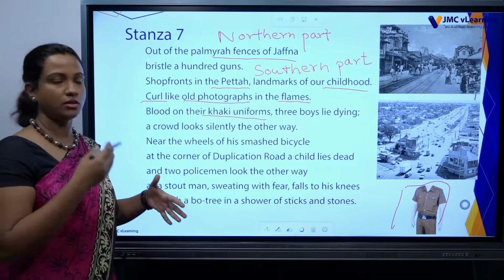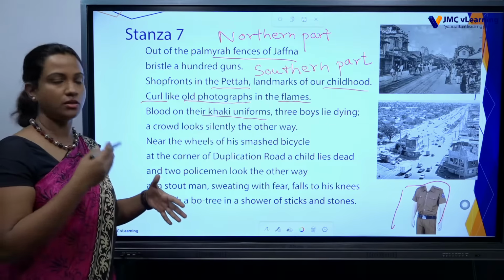They don't care about this. Whatever happened to the civilians, they do not care. They turn their heads away and go. This has something to do with political influence. That's why the policemen are looking the other way.